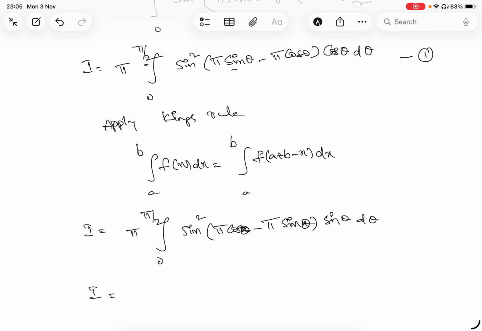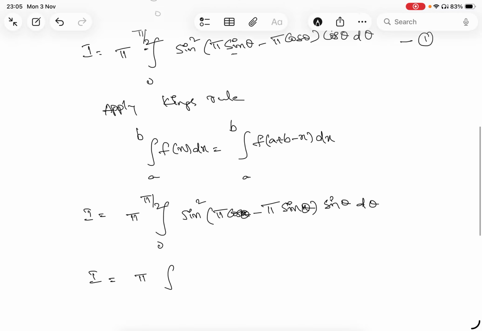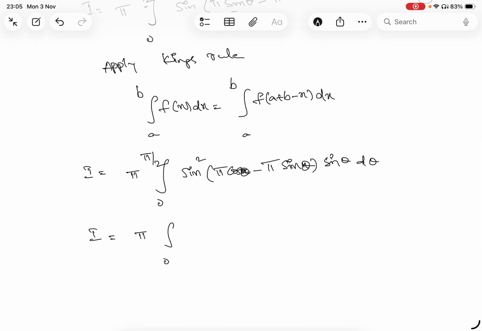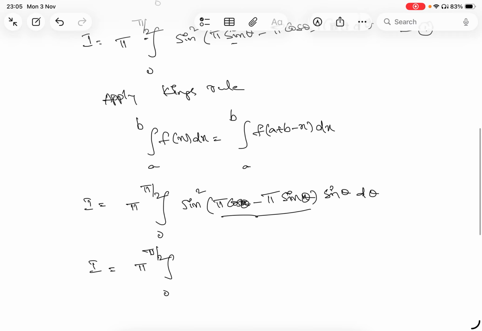Right. Let's simplify it further. This will be integral 0 to pi by 2. As you can see, if you take minus as common here, it will be minus of pi sin theta minus cos theta.